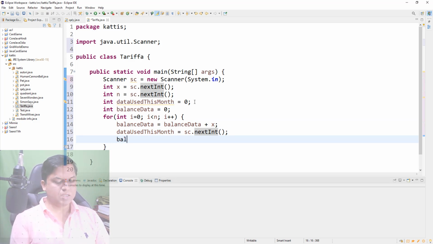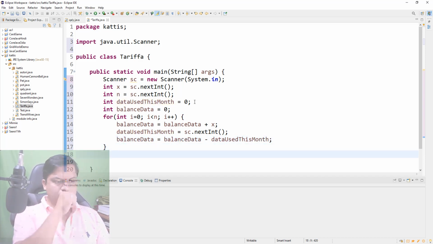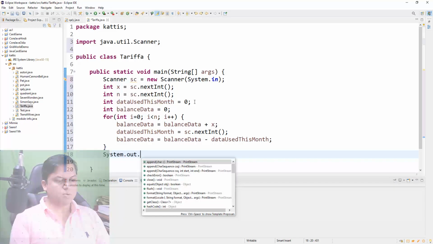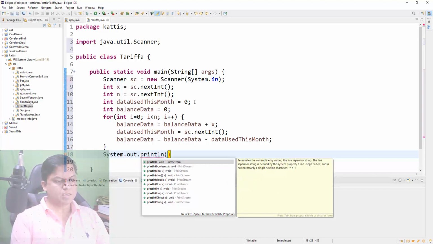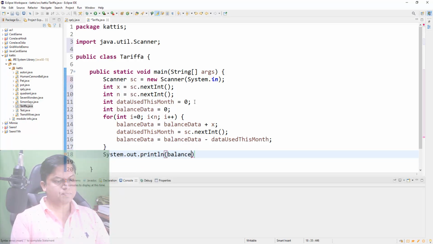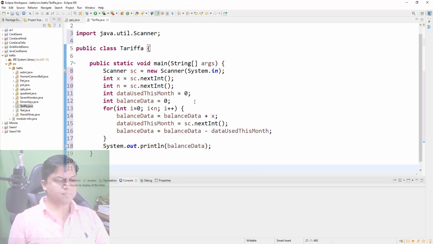Then we will write balanced data equal balanced data minus data used this month. Okay. System.out.println balanced data. Okay.